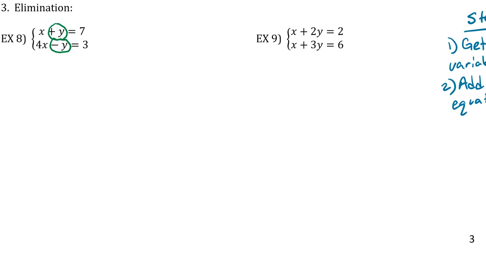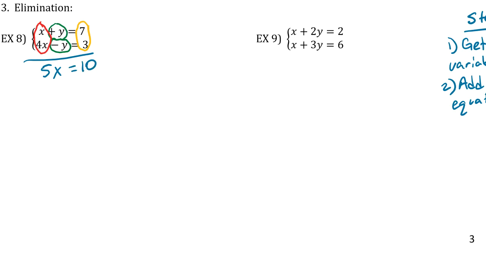All right, so we're just going to add up, think of them as columns. We're going to add up the x's, the y's, and then the numbers at the end. All right, so if we just add all of these up, x plus 4x gets us 5x. Y minus y cancels out, equals 7 plus 3 is 10.